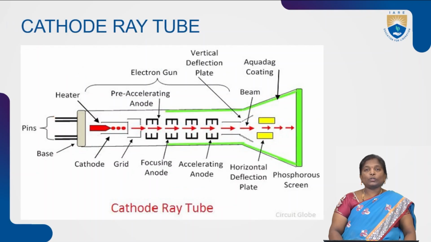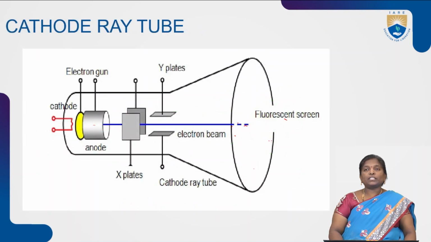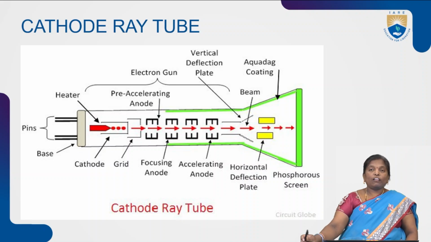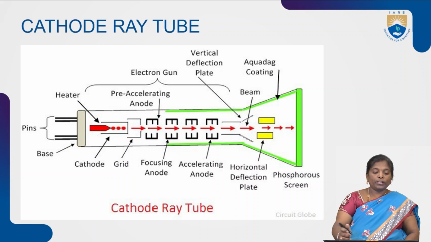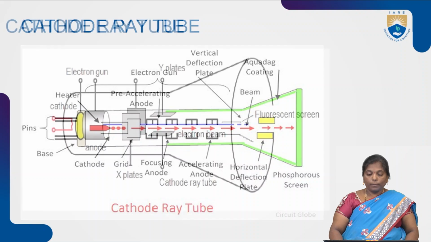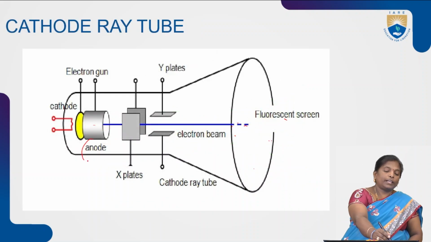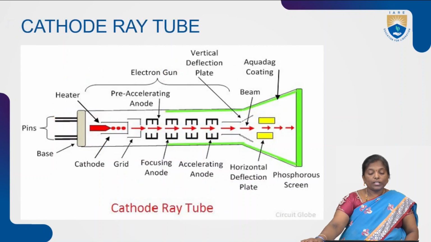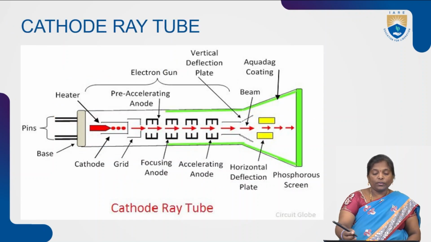And coming to this cathode ray tube, the first diagram represents the main elements present in the cathode ray tube. And this diagram indicates the different elements present in the cathode ray tube. Along with the main elements, there are many other elements. That is, in the first diagram we have only one anode, but that anode internally consists of a focusing anode, an accelerating anode, and a pre-accelerating anode.